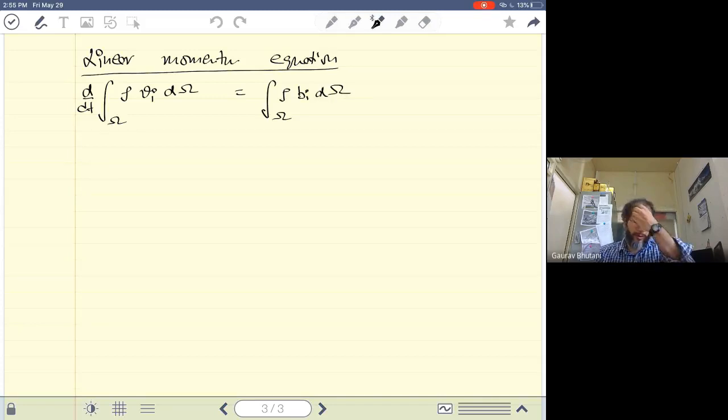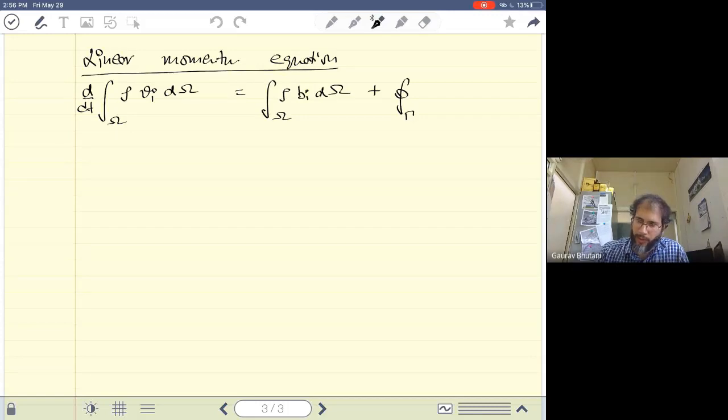The body forces is rho times d omega, which is again small mass times bi. Bi denotes the body force per unit mass here. And the other term is the surface forces acting on the bounding surface gamma of the volume omega.